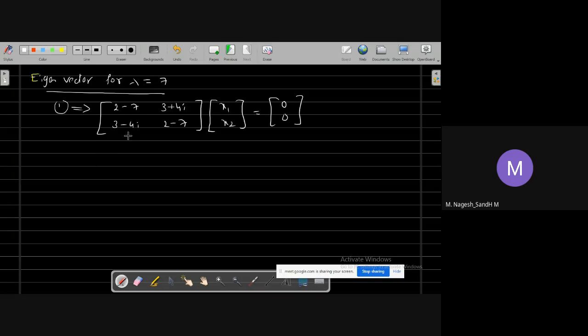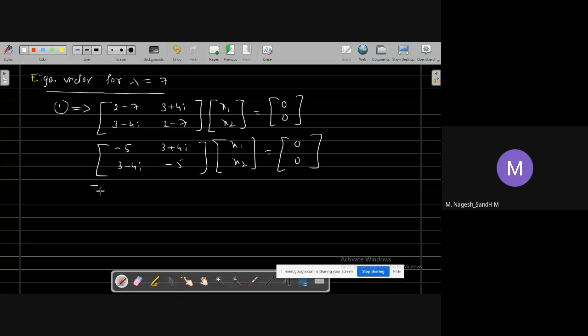So now 2 minus 7, how much is its value? Minus 5. 3 plus 4i, 3 minus 4i stay as they are. Minus 5 into x1, x2 is equal to 0, 0.